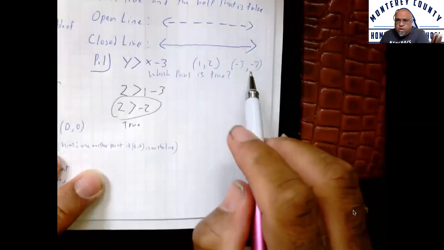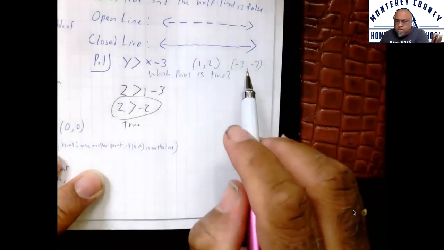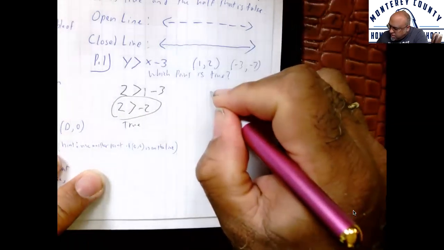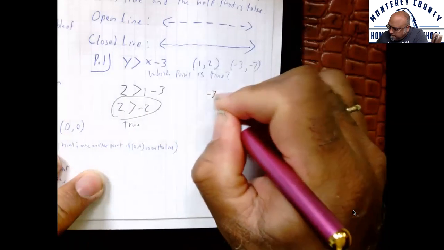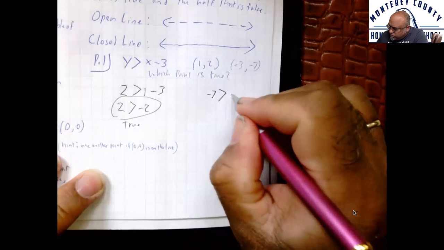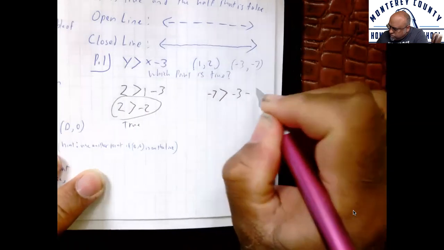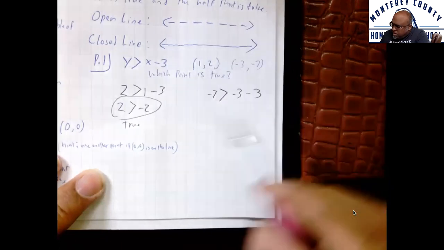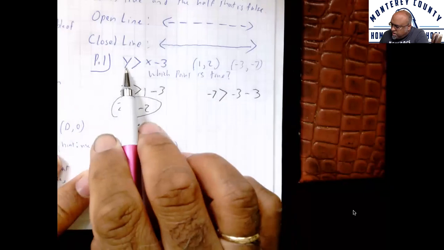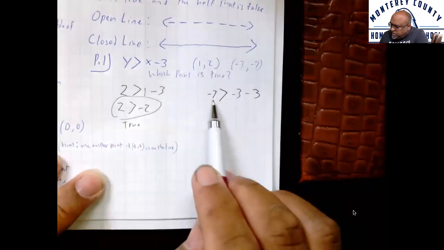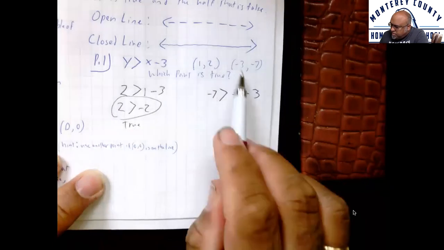Now I have another point here, (-3, -7). So let's go ahead and put that in. I have y is greater than x minus 3. I substituted -7 for y and -3 for x.